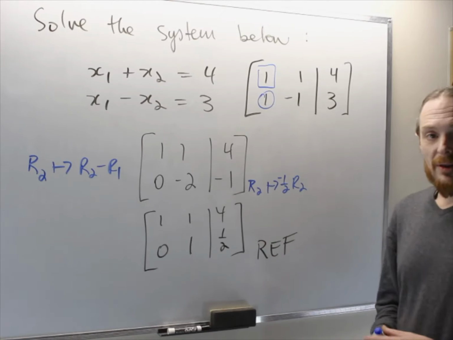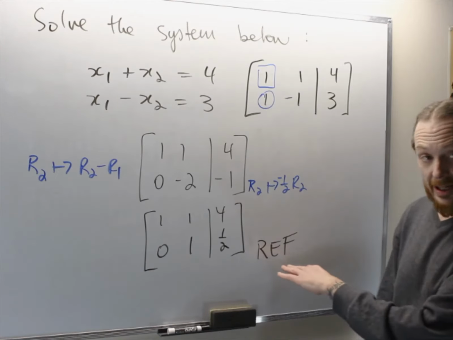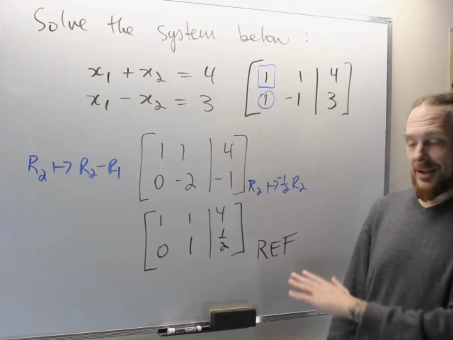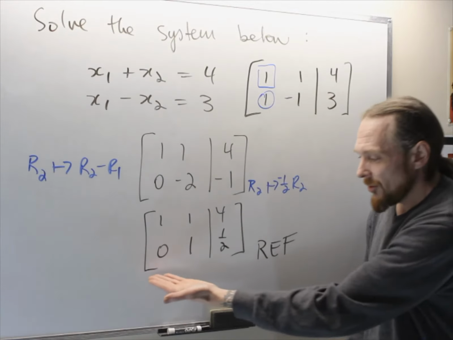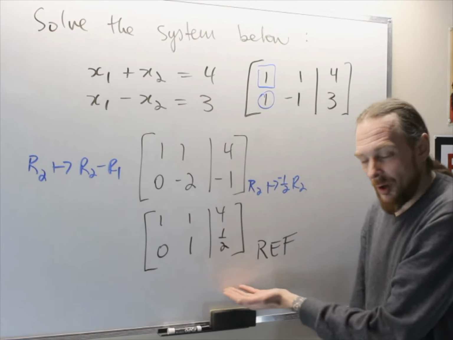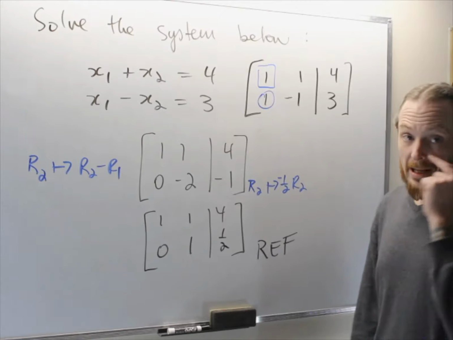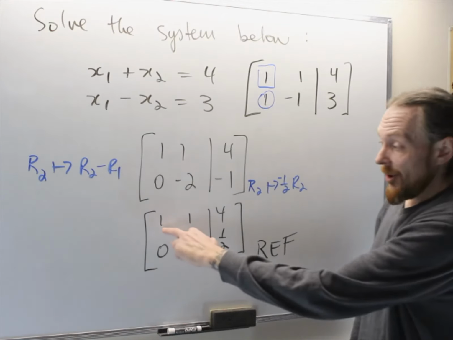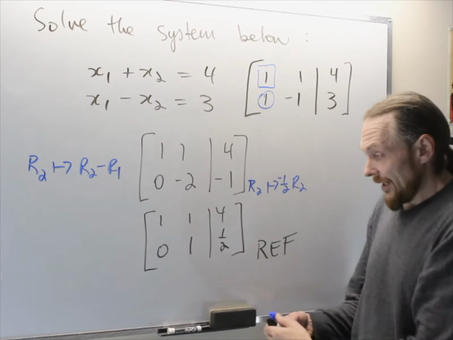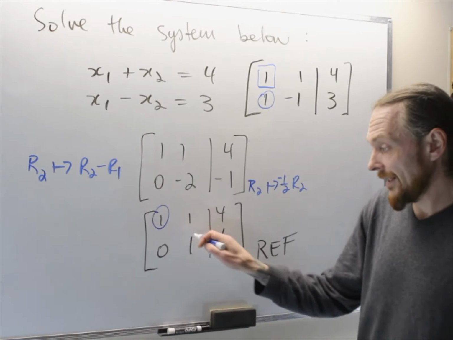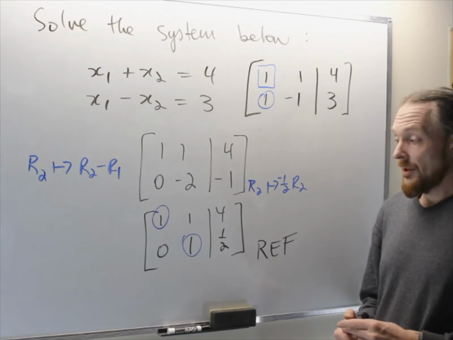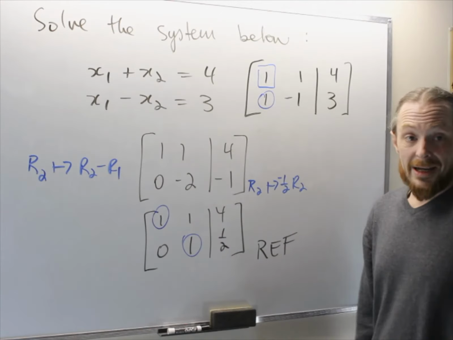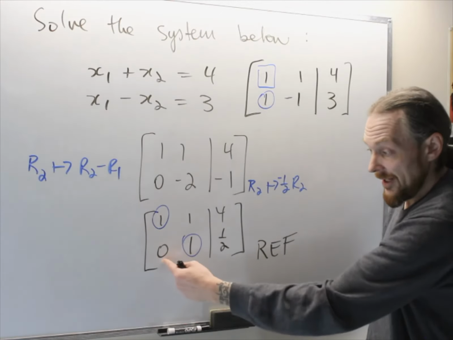Again, quickly, what are the three axioms to get into REF? The first is that all zero rows go below any non-zero rows. I don't have any zero rows, so that axiom is checked off. Axiom 2: in any rows where I have leading entries, I have zeros below them. I have two leading entries. This one is a leading entry and it has a zero below.